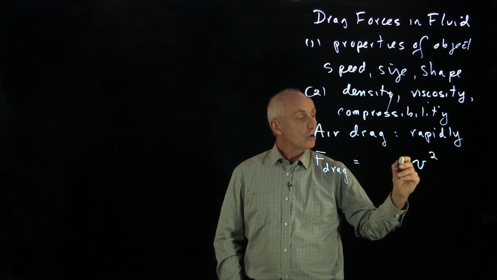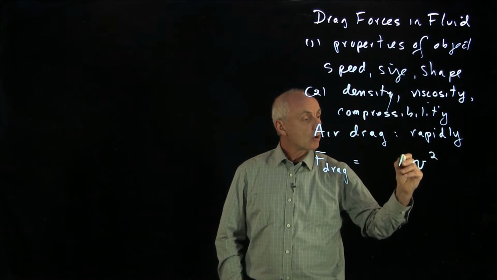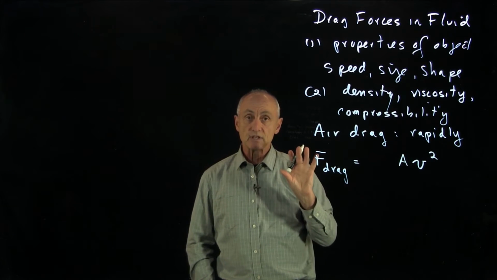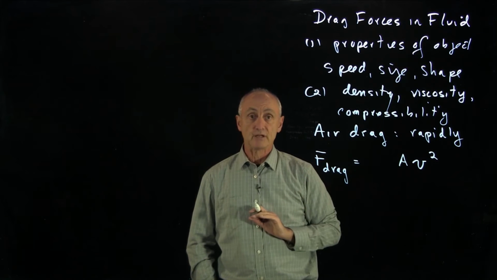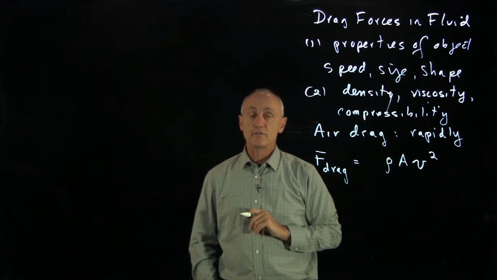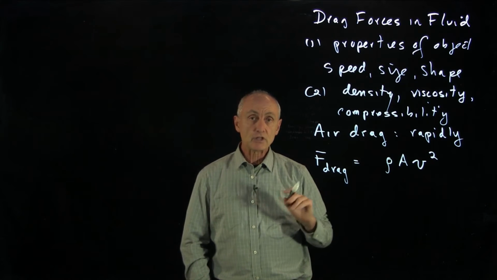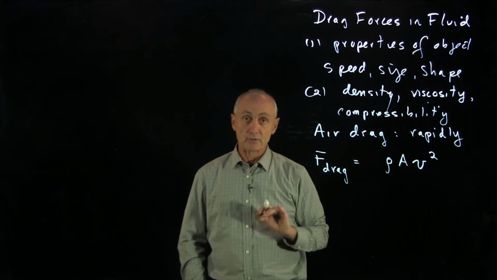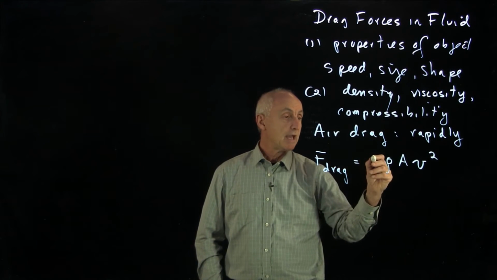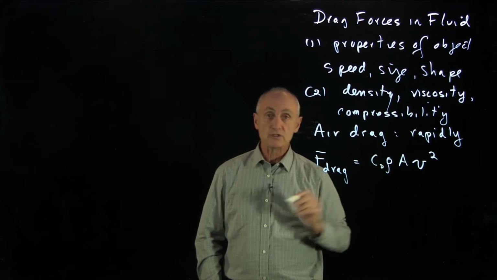There'll be a factor of the cross-sectional area that the object presents perpendicular to the plane of motion. It can depend on the density of the air. And traditionally, there are a couple of coefficients in here that are dimensionless and empirically determined by the shape of the object, and that's called the drag coefficient.